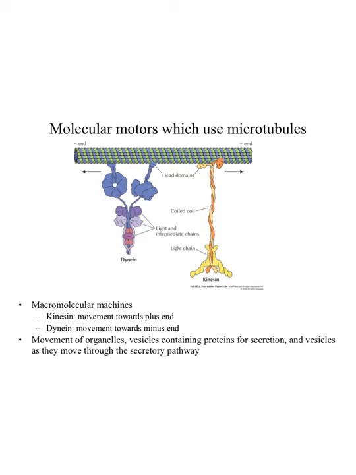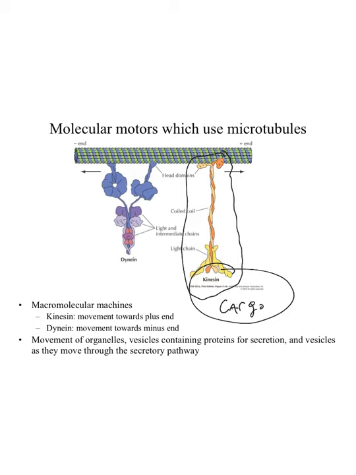So the train is made up of these various molecular motors. I'm going to circle one of them here. This is called kinesin. And attached to kinesin would be a vesicle containing the cargo. So this is kind of like the car on the train that holds the cargo.